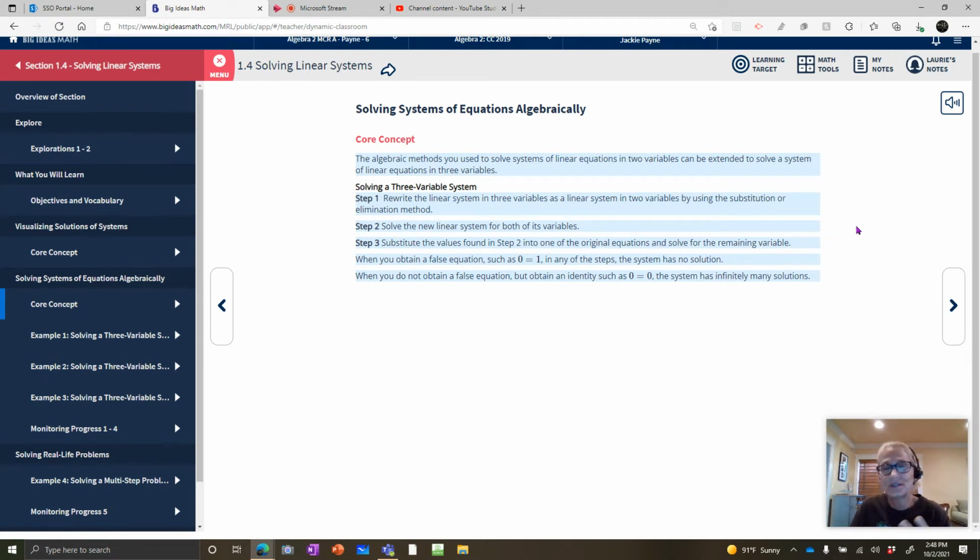So it's just a little extra. But when you get a false equation, like for instance, you get 0 equals 1, then you know that this system has no solution. But if you don't obtain a false equation, you get like 5 equals 5 or 0 equals 0, then you know that it has infinitely many solutions. So the resulting intersection is a line.